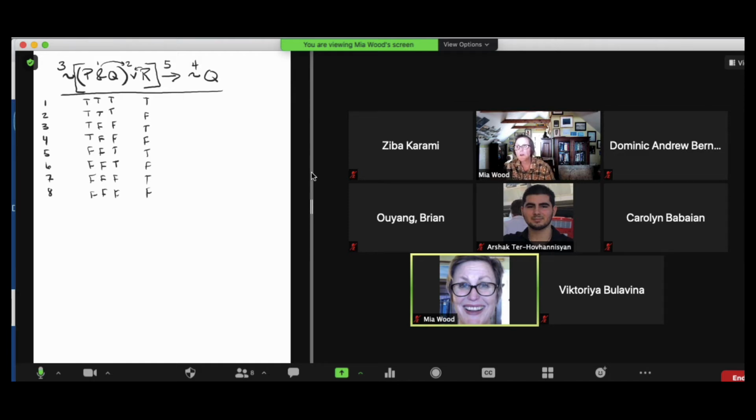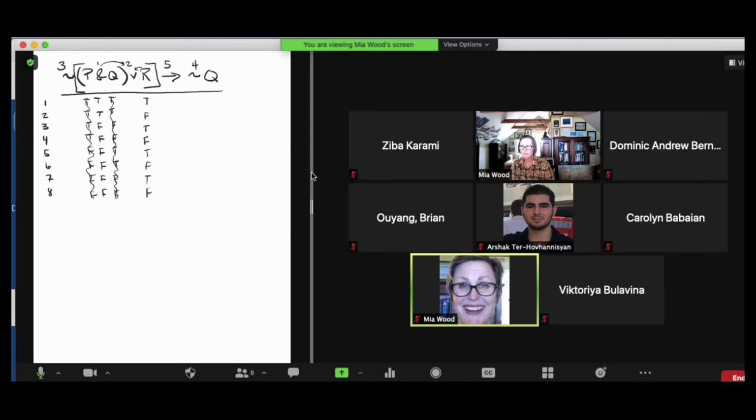Are there any rows on which the disjunction is false? And to be clear, let's just go ahead and not be put off by the values we've already used. Is there any row on which the disjunction is false?